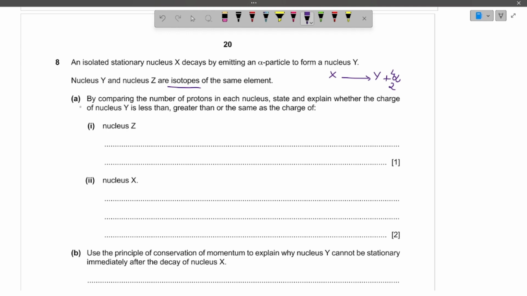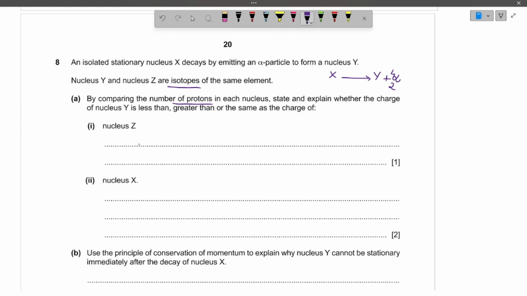Okay, so the A part is, by comparing the number of protons in each nucleus, state and explain whether the charge of nucleus Y is less than, greater than, or same as the charge of nucleus Z. Okay, so Y and Z are isotopes. So isotopes have the same proton number, right?